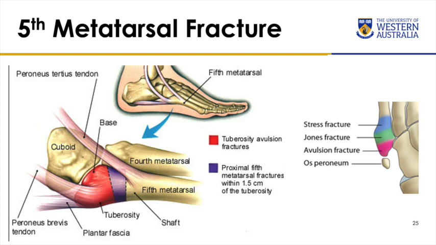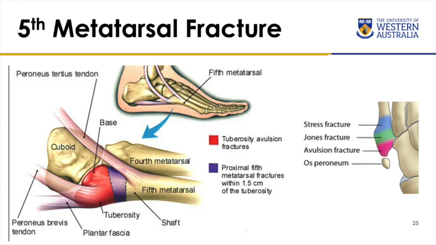The Jones fracture is important not to miss. This area is a watershed region with poor blood flow, which is at high risk of non-union. They should be treated with non-weight bearing with a cast or cam boot for 6 weeks.